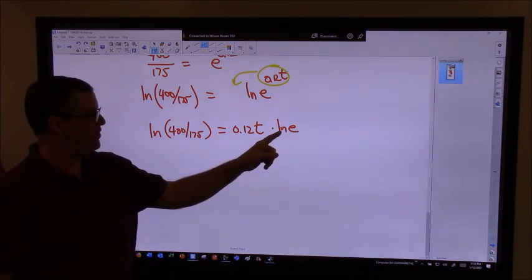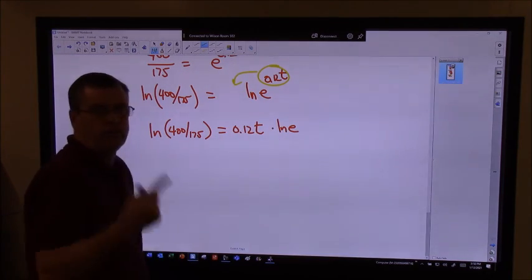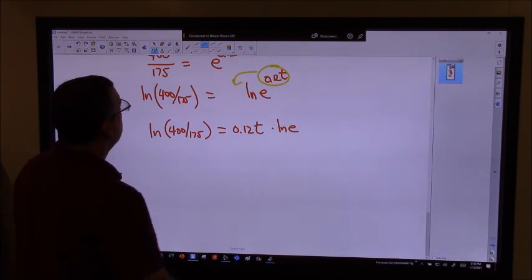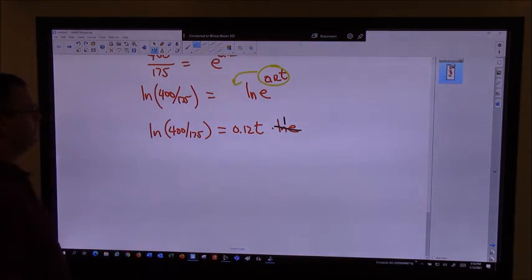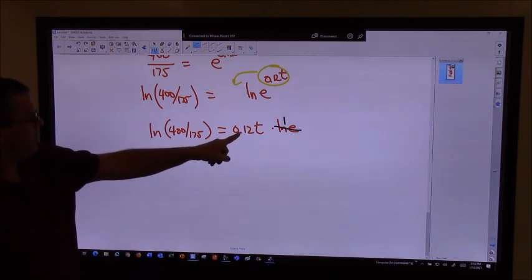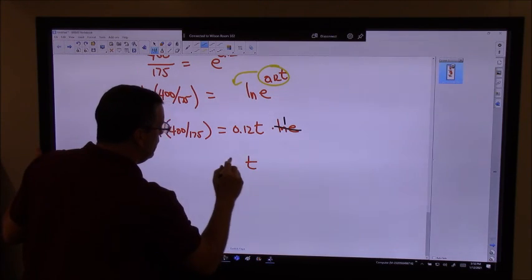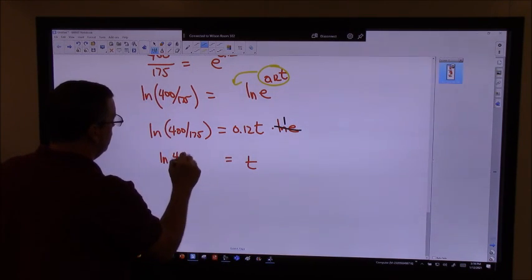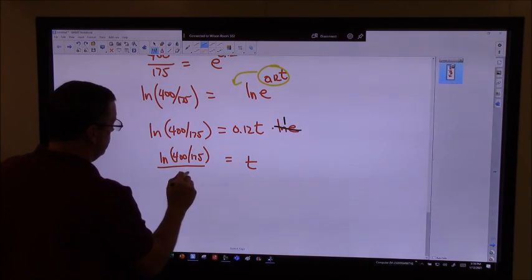Eventually what people start doing is the moment they bring this down, they just quit writing this because they know it equals 1. So I'm just going to draw a line through it. It's 1. So now to get t by itself, I want to divide by 0.12. So t is equal to natural log of 400 divided by 175 over 0.12.